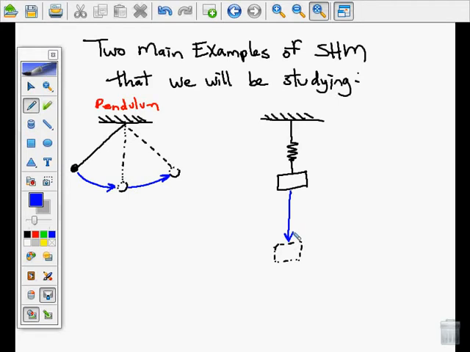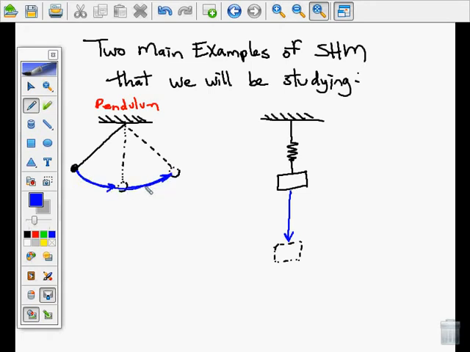As long as the pendulum swing isn't too big, off the cuff, I'm going to say less than 30 degrees, if it's a small sway, then that pendulum is behaving like simple harmonic motion. So as it sways back and forth, it goes faster, faster, faster, then slower, slower, slower, stop.